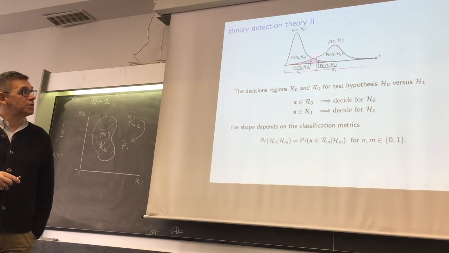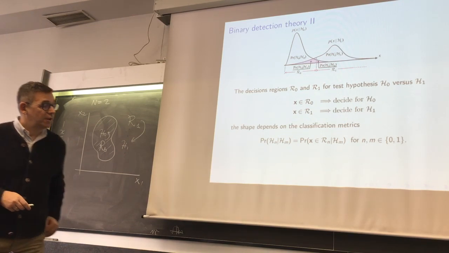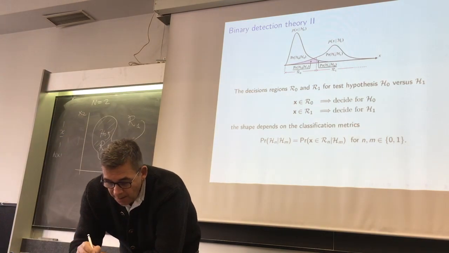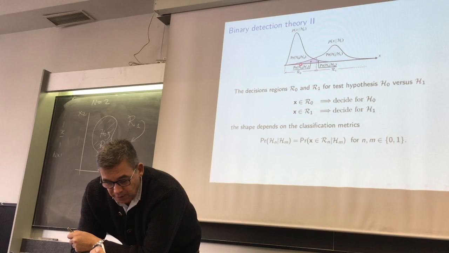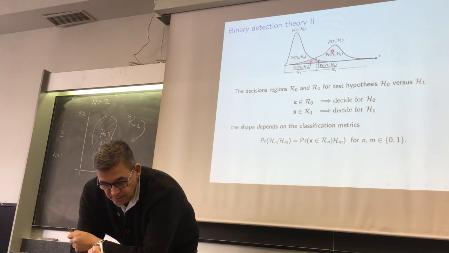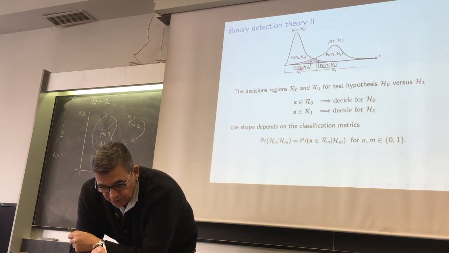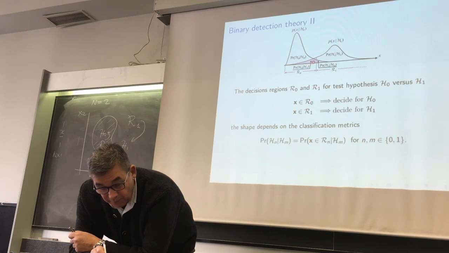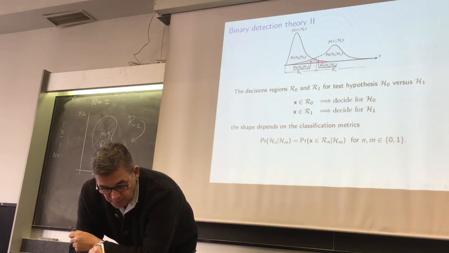Now, putting the decision region and the threshold here, then this area, since this is the probability of x given H1, calculated on the region R0, is the probability that I stay in the region R0 given that it was R1. And on the other hand, this area is the probability that I stay in R1 given that it was R0.